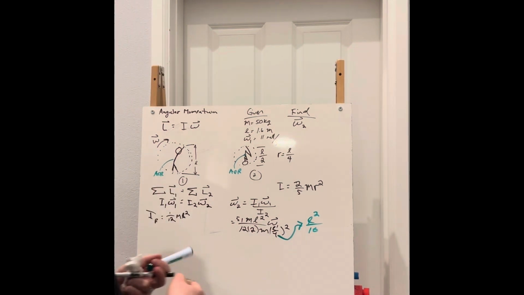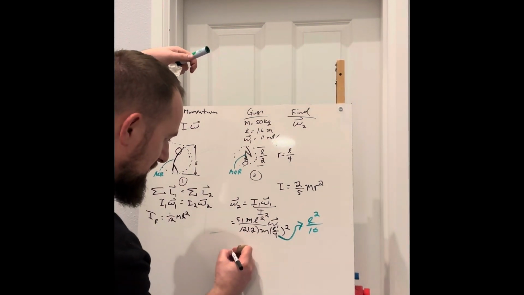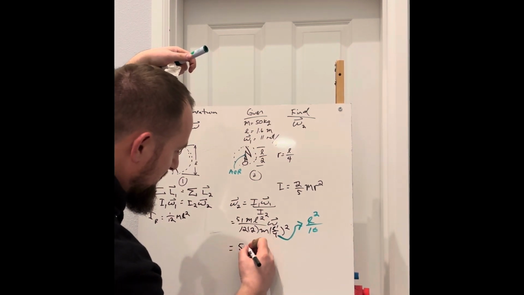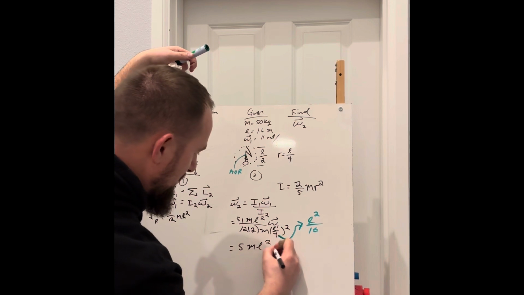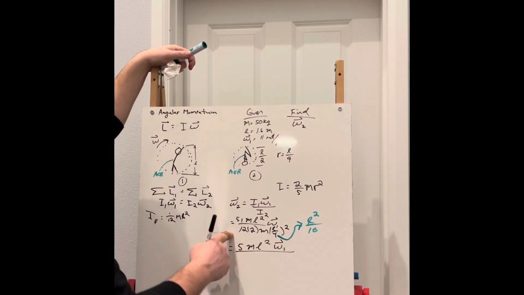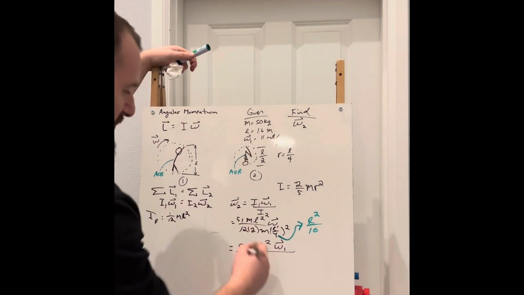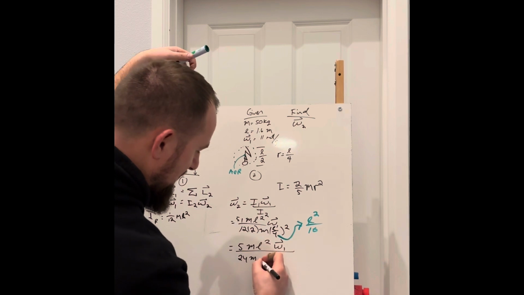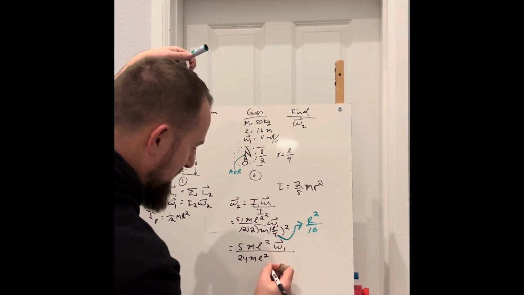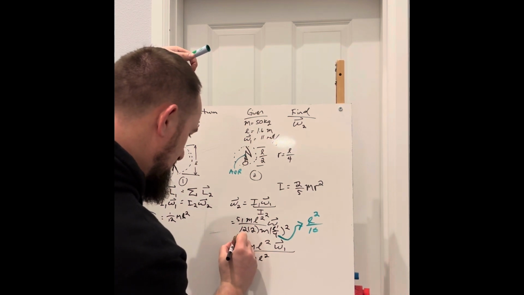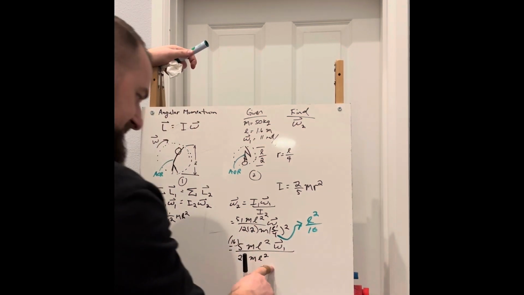And then rewriting this all, this will be 5 ml squared times the initial angular velocity, divided by 12 times 2 is 24 m, and then I'll have L squared from here, and then this 16 will just go up here, so I'll write it right there for now.